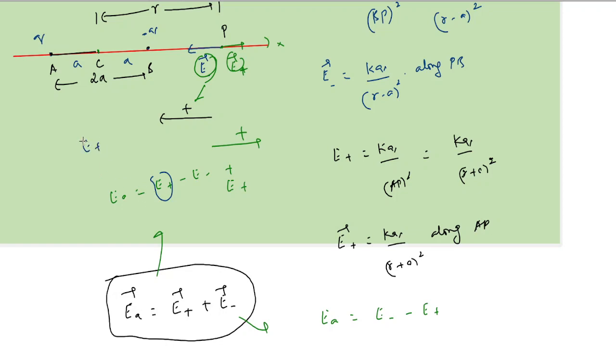It just shows that it is because of the positive charge. If these are confusing to students, you all can take it as EA and EB. The form would still be the same. It's just that books call them E plus and E minus. So be careful with these notations. E plus means it is the electric field because of the positive charge, and E minus is the electric field because of the negative charge. So keep this in mind.